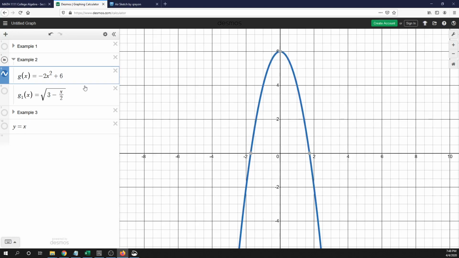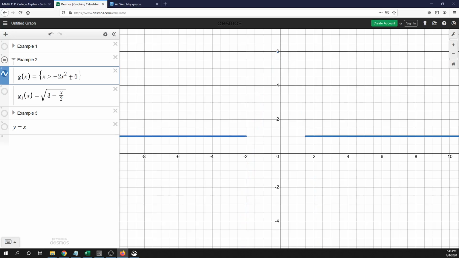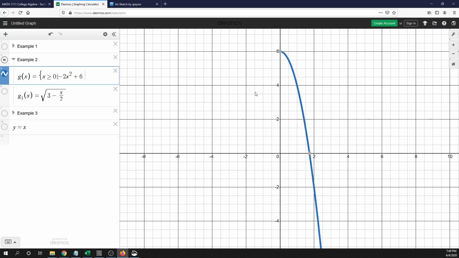The normal domain of minus 2x squared plus 6, it's a polynomial, so its normal domain is all real numbers, right? And so if we chop it down and only restrict the domain to this half over here, then just this part is a one-to-one function. And so therefore we can find an inverse function for this part here. All right, so that's what's going on with the x greater than or equal to 0.